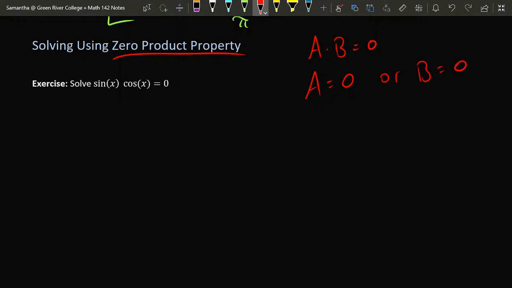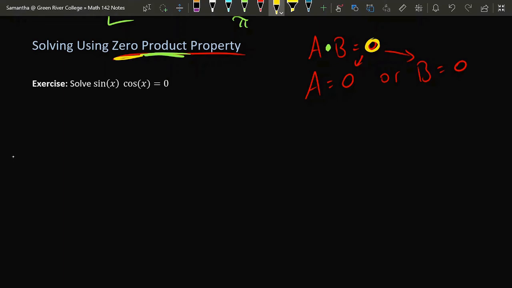So you can split a complicated equation into two simpler equations. But this only works in the case that you have a product of two things specifically equaling 0. This is a very unique property of two quantities being multiplied together to equal 0.